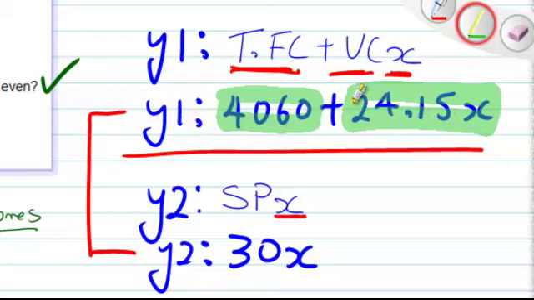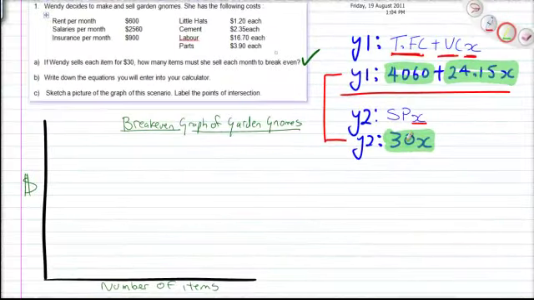That's our Y1, our line that's going to draw our costs on the graph. Y2 is our selling price times X, and then that will be 30x because our selling price is $30, so 30x. So what does that look like when we enter it in on the calculator?